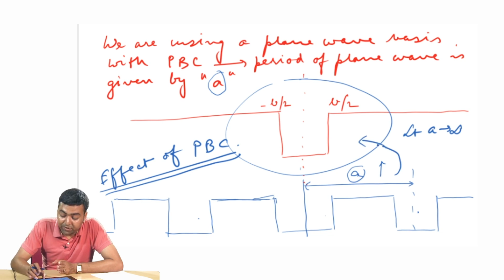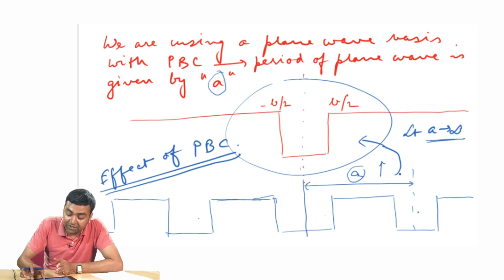It is not practically possible to achieve this limit. So, instead one needs to systematically increase the value of A such that it is large enough that the distance between these two periodic images is sufficient.